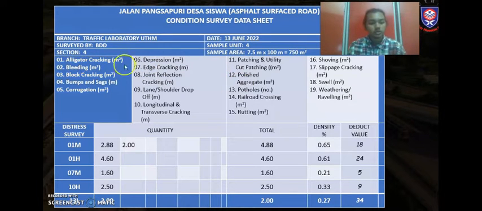Next, at the top area, we have the 19 distresses from alligator cracking to weathering and raveling. To fill the distress survey, we must know the distresses and their numbering.